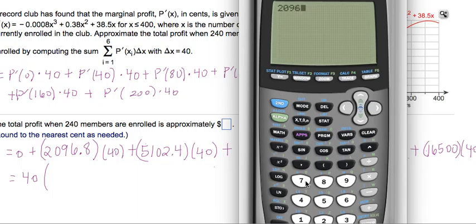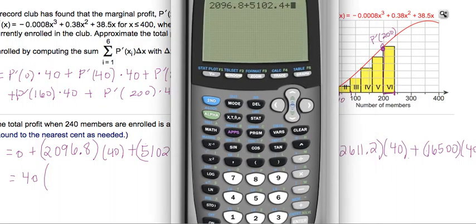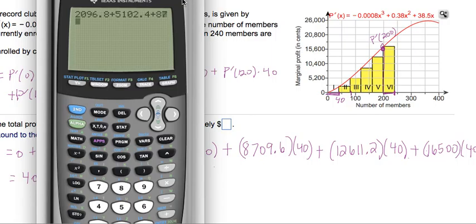So 2096.8 plus 5102.4 plus 8709.6 plus 12611.2 plus 16,500. Okay, now I'm going to multiply all of that times 40 because I just factored that 40 out.